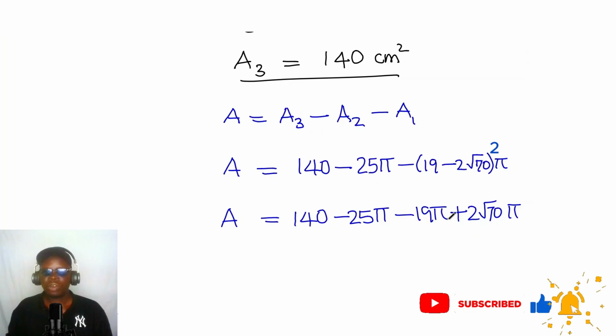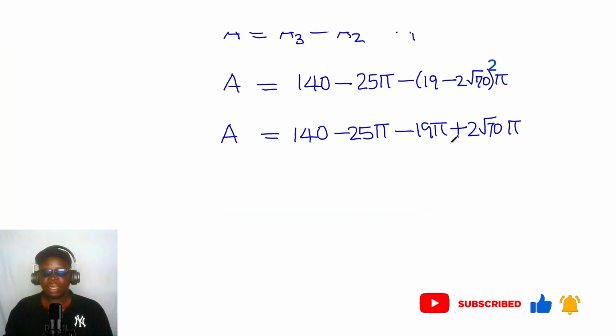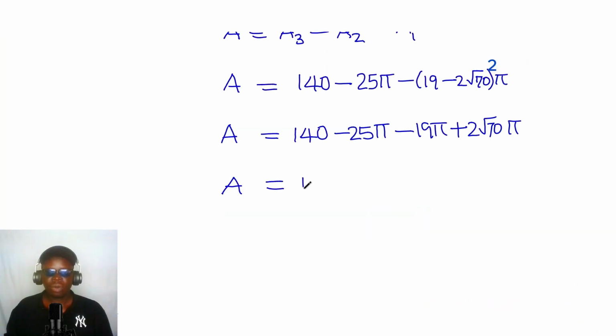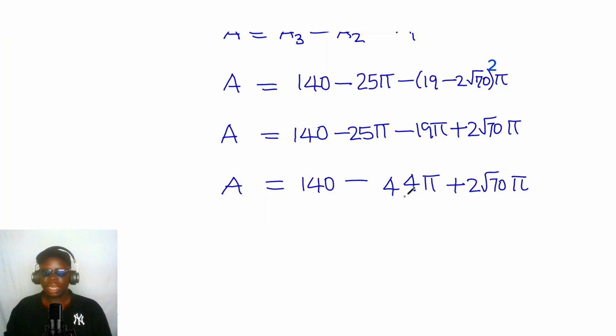Then we can move on and simplify this. Since they are all negative, we add them together. We get here 4 for 14, then this is 3 plus the other one, we have 4. So 19 plus 25 is 44 pi. Adding these two, 2 root 70 pi. And since we have a root here, we cannot add to this.